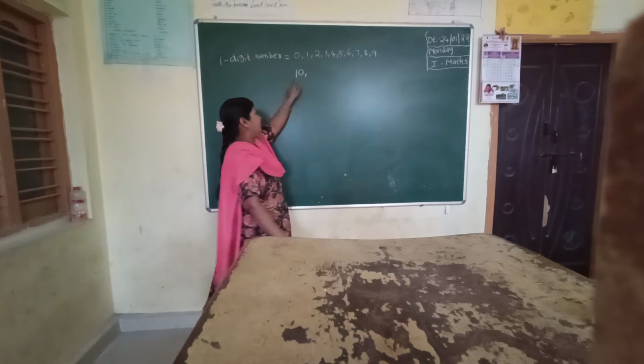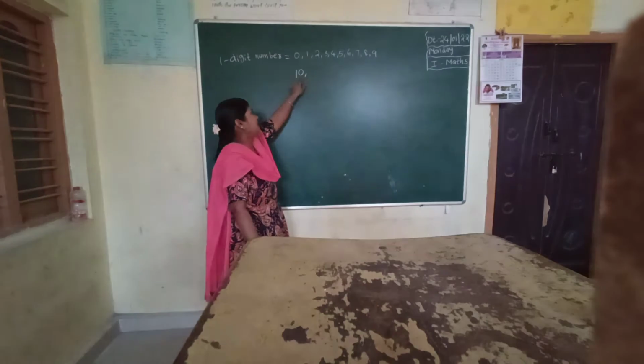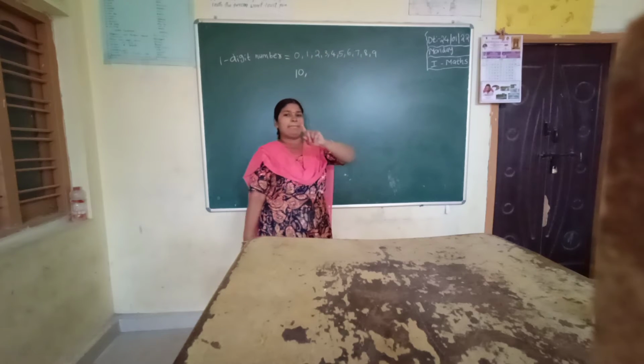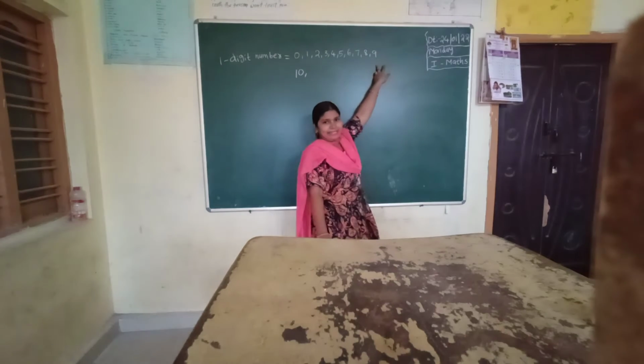Why? Because here we have two places, 1's place and 10's place. Numbers having only one place, the 1's place, are 1-digit numbers.